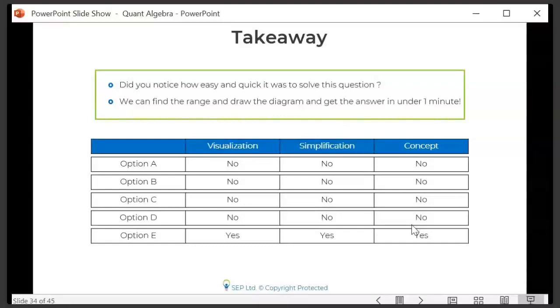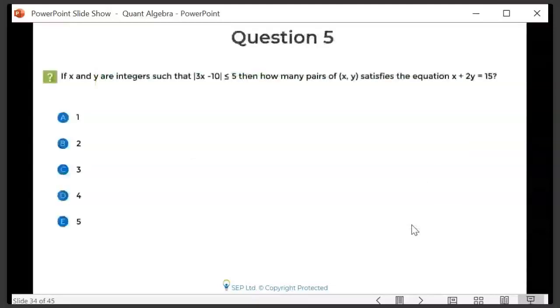Now, let's come to this question. Again, some learning from the previous question will be used here. And I'm confident that if you've understood question number 4, you should be able to solve this question very easily.